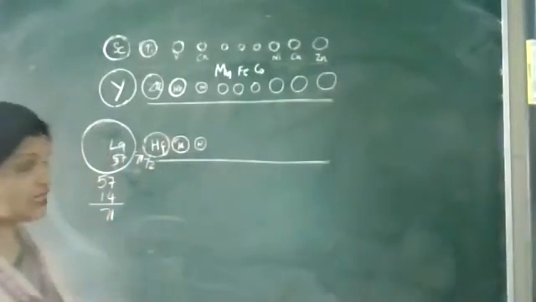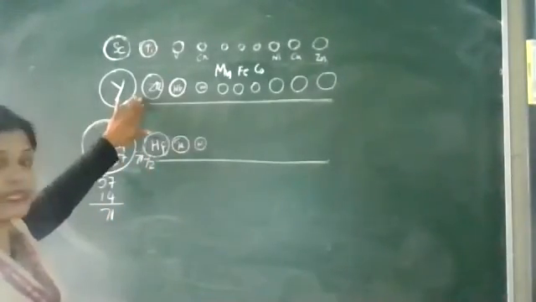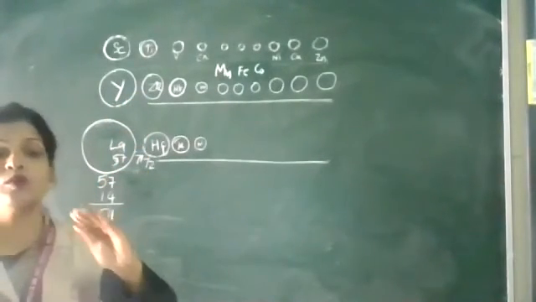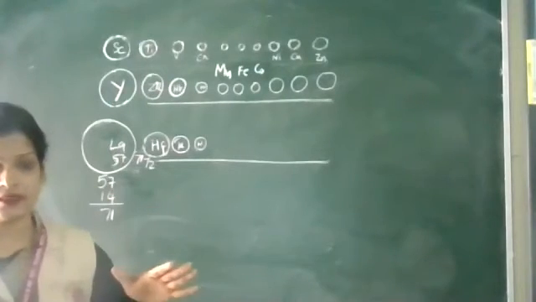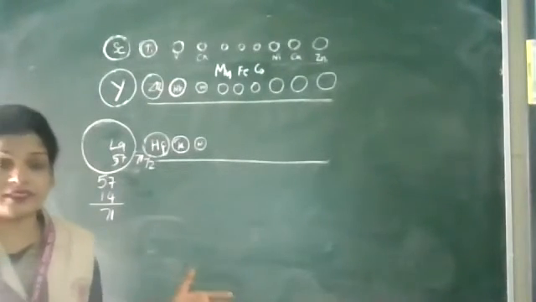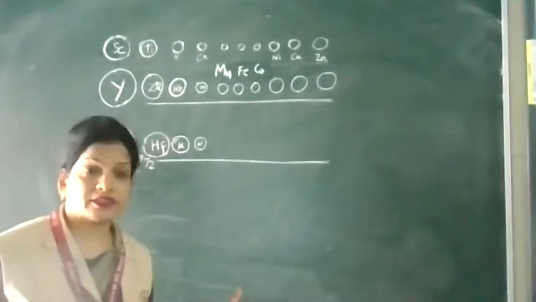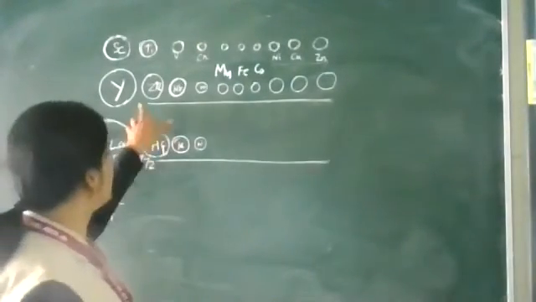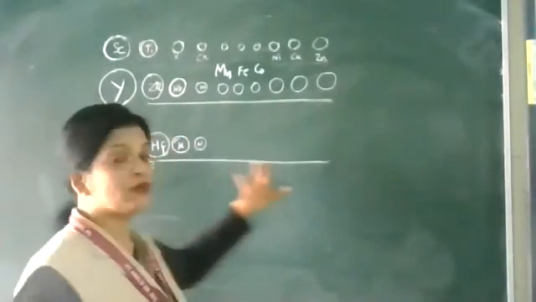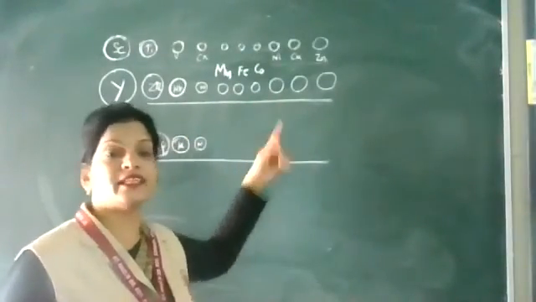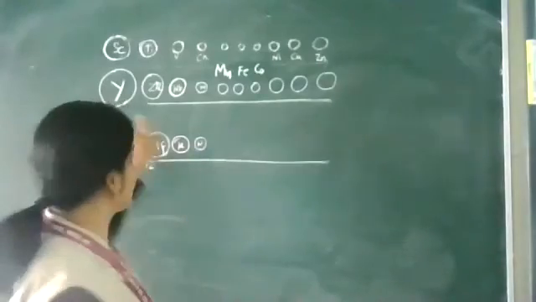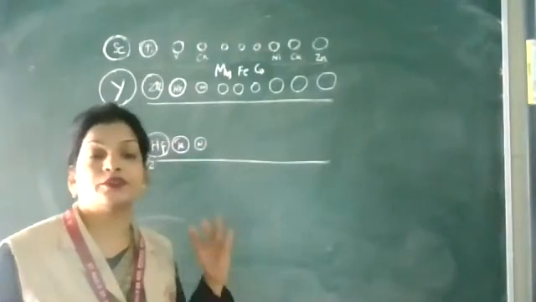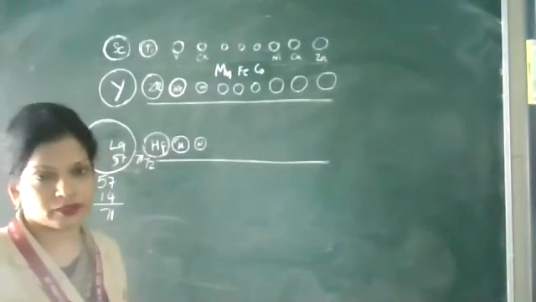So generally we can say 4d series and 5d series elements have almost the same size. Chemistry is after all sizes only. So they will show similar chemical reactions, similar chemical properties.